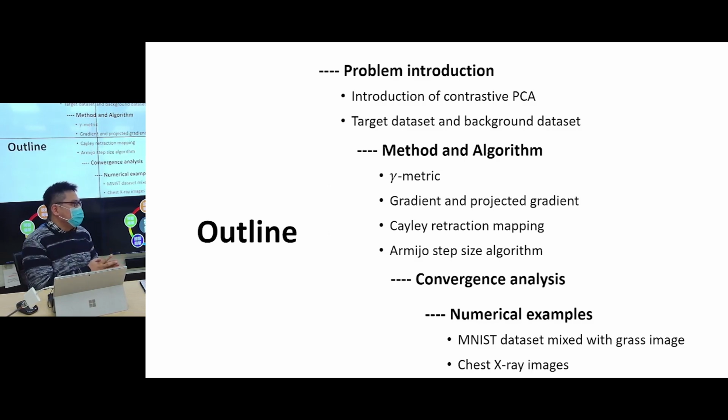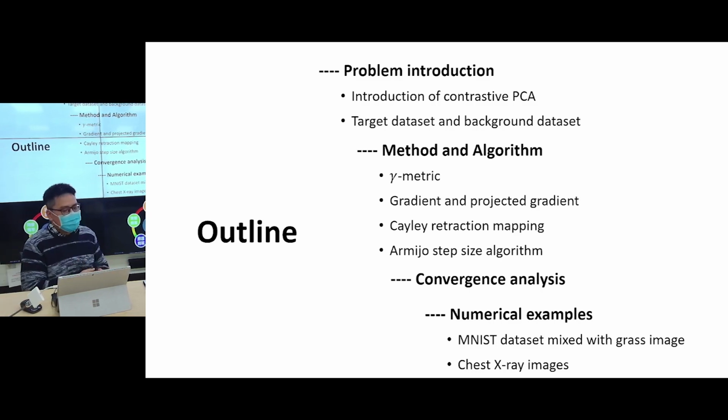Because we want to solve an optimization problem, we use a gradient ascent line search algorithm on the Stiefel manifold, and we will generate a sequence, and we believe the sequence will converge to the solution of our maximization problem. We will show the convergence property later, and also we will provide numerical studies on a data set mixed with grass images and chest X-ray images.